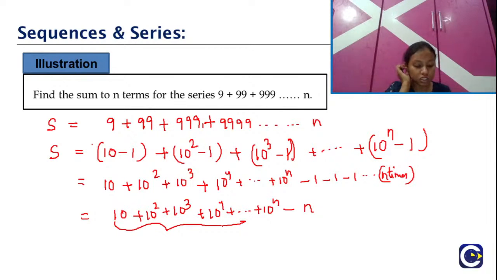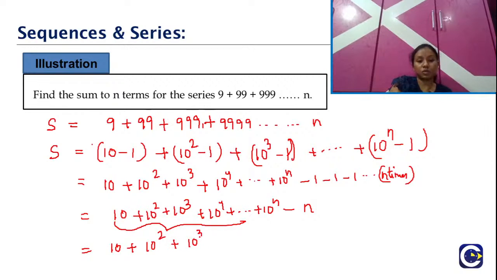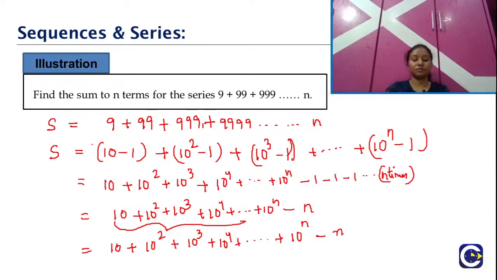So let me know the answer, guys. Now our geometric progression series is given to be 10 plus 10 square plus 10 cube plus 10 power 4 and so on until 10 power n, minus n.